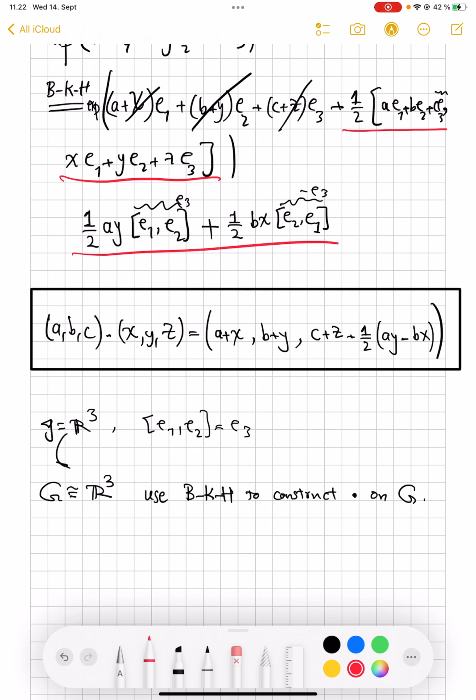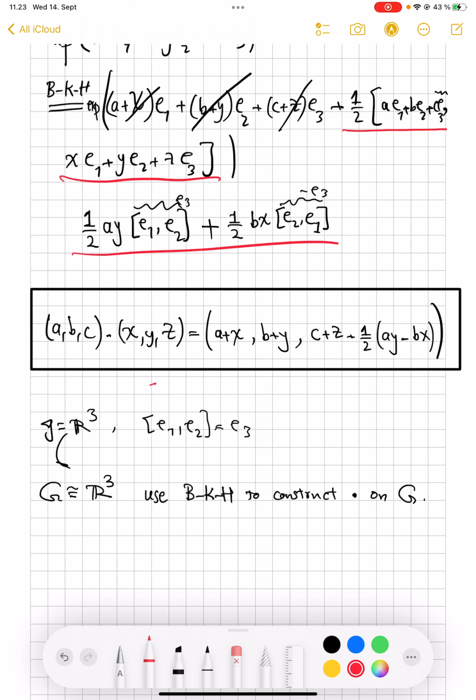Now, this is not exactly the multiplication in the Heisenberg group that we had. We had actually a 2 here, and I think also a plus-minus difference here. But that comes from the fact that, to make my Lie algebra the simplest, I had that the bracket of E1 and E3 is E3.